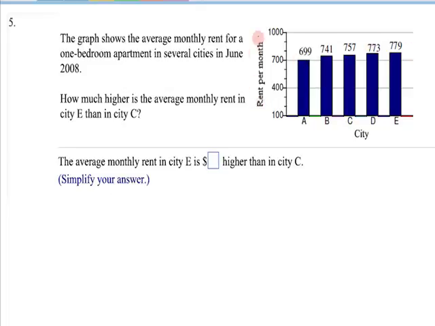This is rent per month, so this must be money. How much higher is the average monthly rent in city E than city C? E and C. How much higher? What's the difference? So X is the difference.